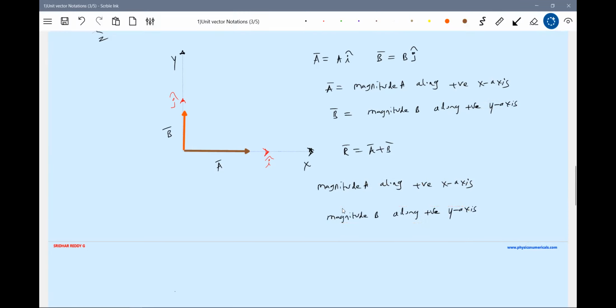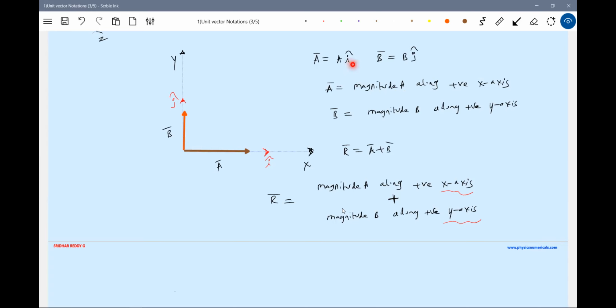Can we add the axes? We can add magnitudes. Can we add x-axis to y-axis? Not possible, no? We can't do any mathematical operations with this way of expressing a vector.